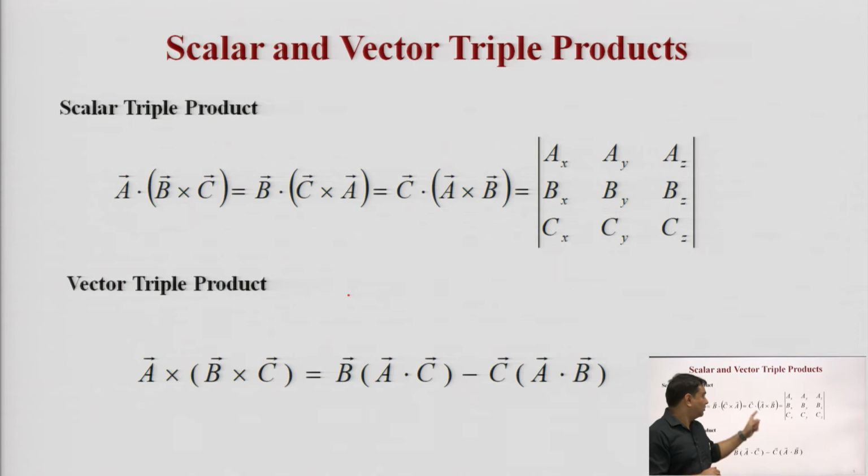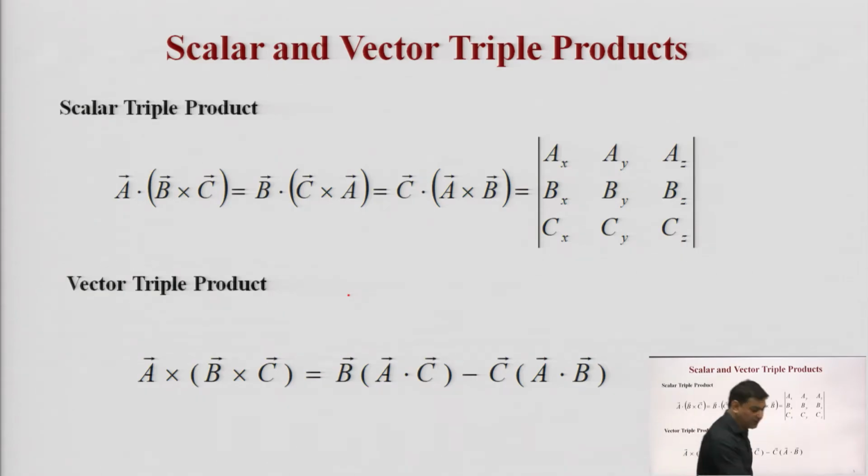You can understand what I said. I said that the scalar triple product defines the dot product of a vector A with the cross product of the two vectors B and C, and this is the commutative property, meaning B dot C cross A is equal to C dot A cross B, and this is defined in terms of AX AY AZ, BX BY BZ, CX CY CZ.